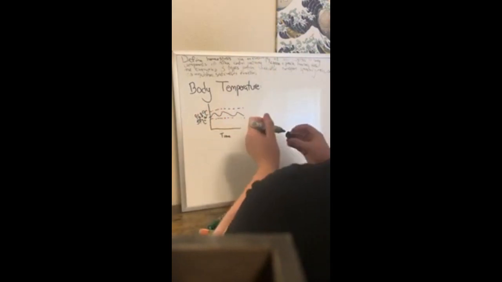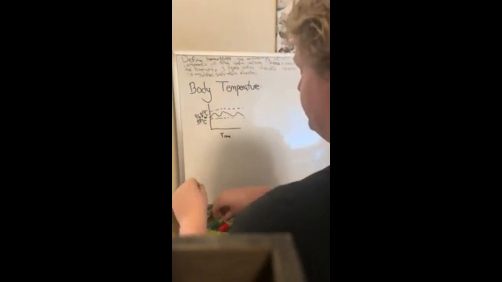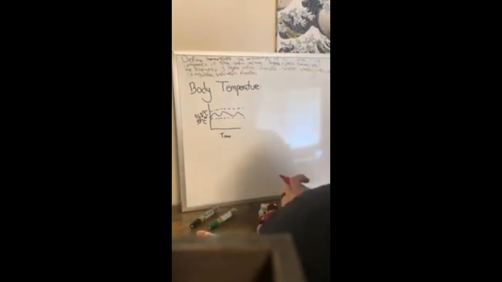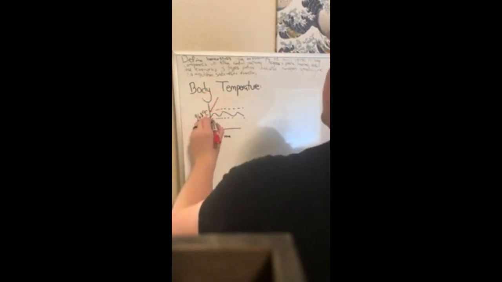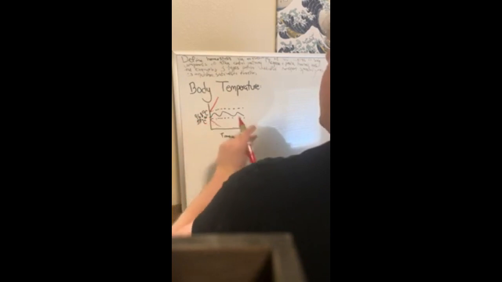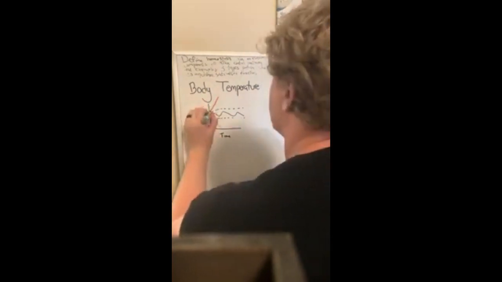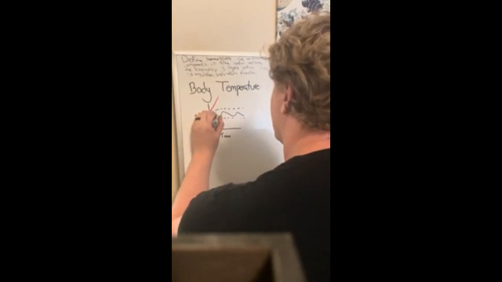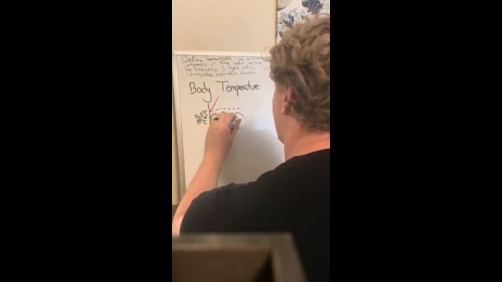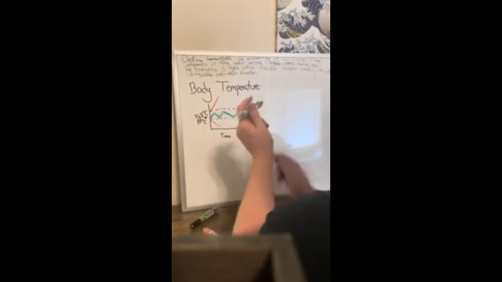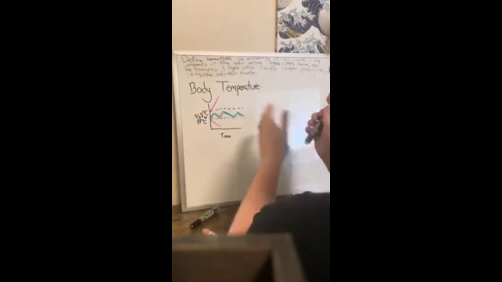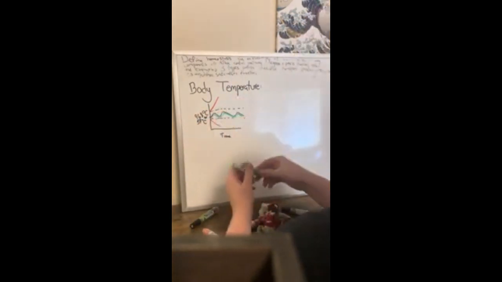Sorry, that's supposed to be a straight line. Positive feedback would be anything in this red that would take us away from that. The green, you can see with these humps in this line, is us trying to maintain set point. There'll be small deviations, but nothing extreme like here.